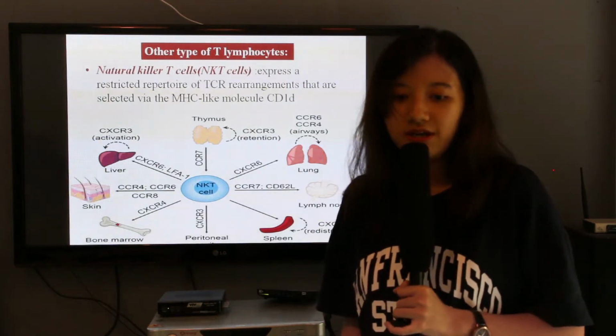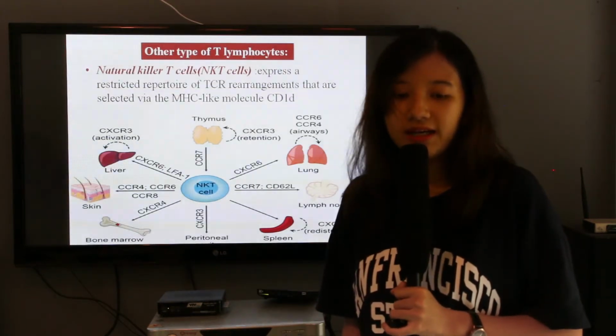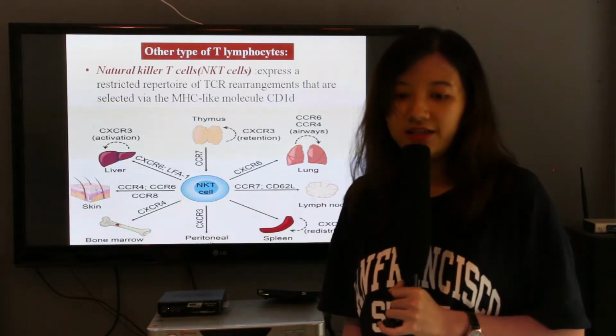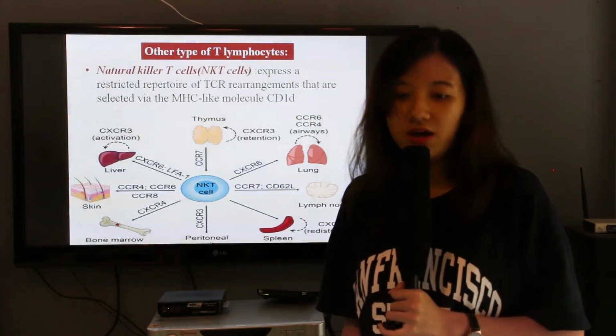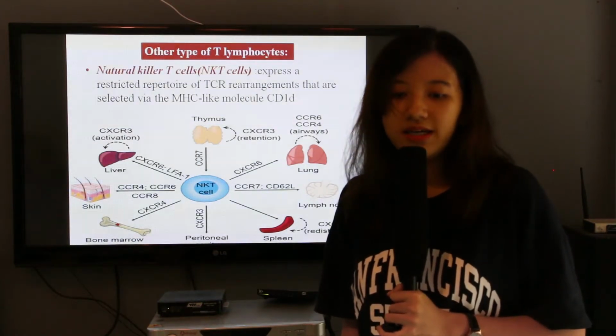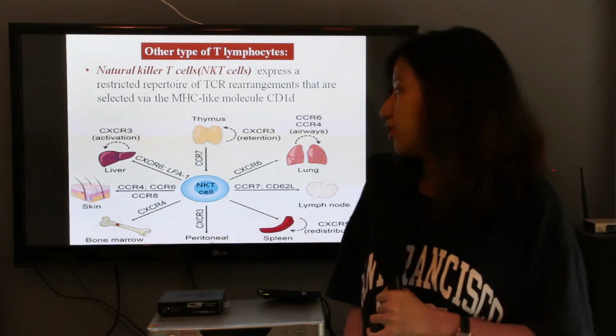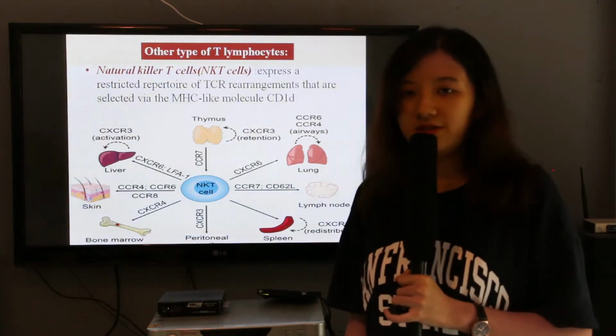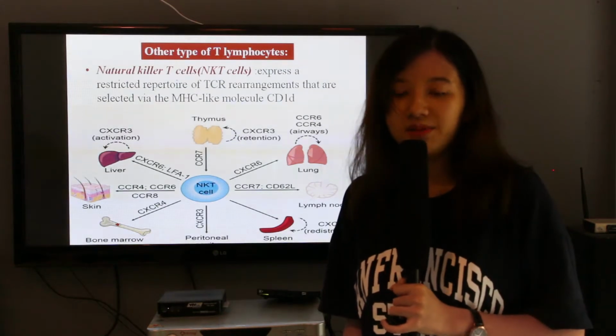Natural killer T cells can share other features with NK cells as well, such as CD16 and CD56 expression. NKT cells may initiate T cell responses. NKT cells have T cell markers and also some NK cell markers. So this is just the morphology of some types of T cells.